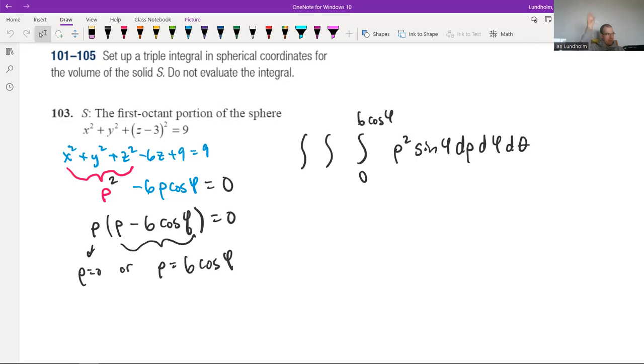That's pi halves radians. So 0 to pi halves in the phi direction, and then in the theta direction, we'd be going from 0 to pi halves there just to get that first quadrant or octant, depending on what perspective you're taking. So that was setting up that one.